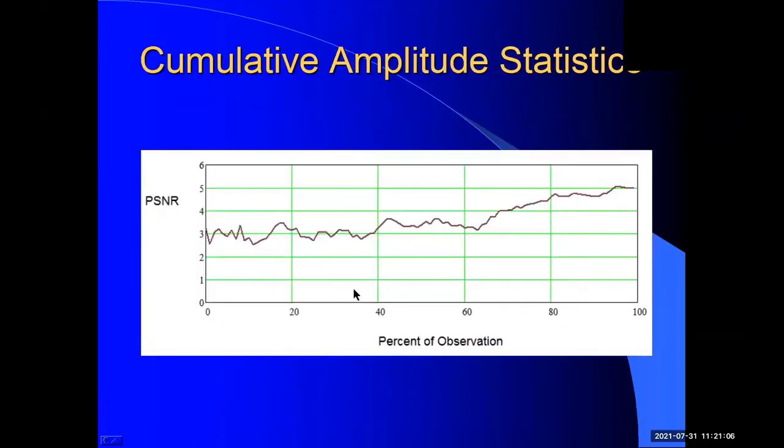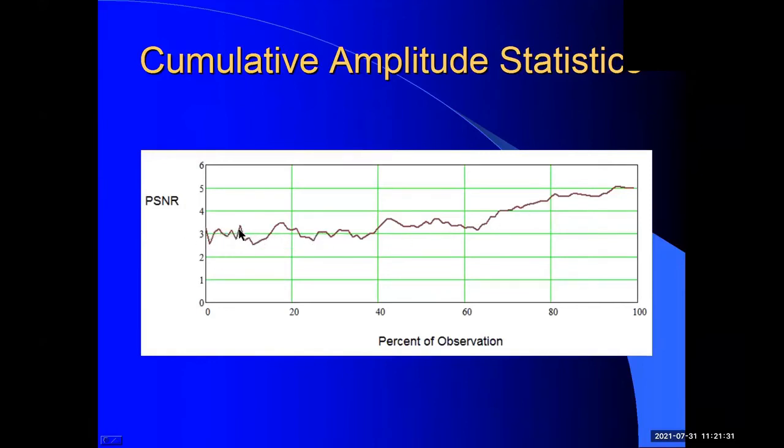So now the other thing I found interesting was these cumulative statistics. I'm looking at the peak signal to noise ratio now, and I'm looking over 100 sections. So I've split the data up into 100 sections, and I'm looking at the cumulative peak signal to noise ratio.